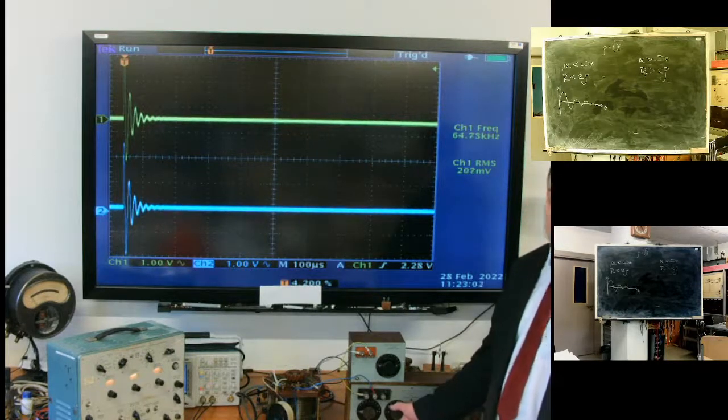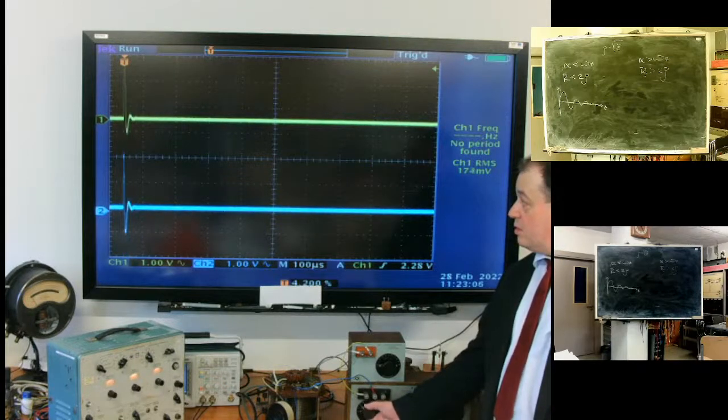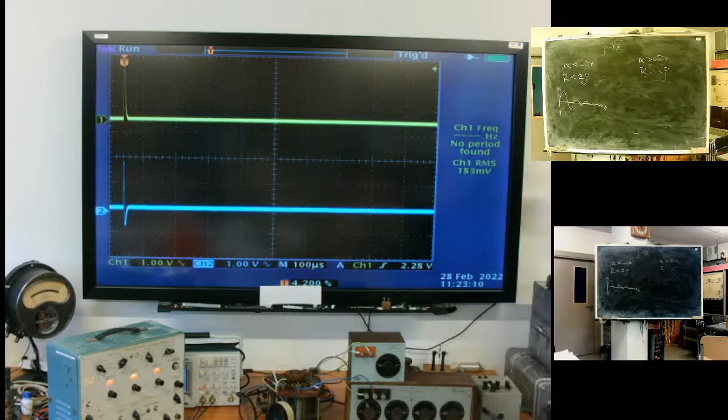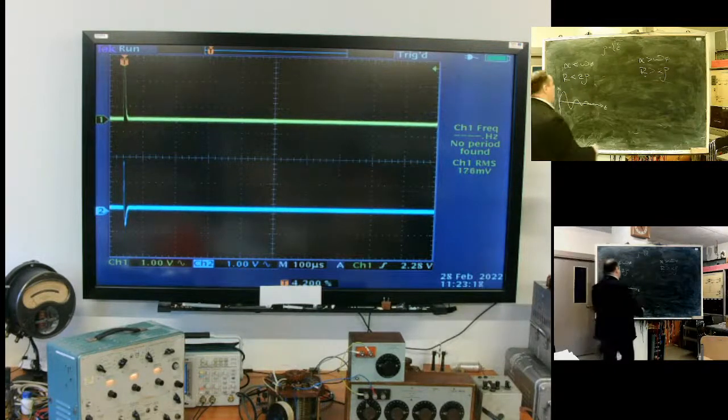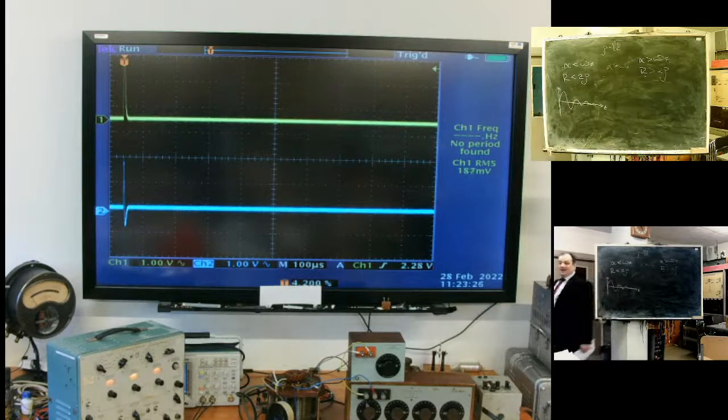I'm increasing resistance and you can see at this moment, in fact, we are at a point where alpha is equal to omega 0. It's the so-called critical resistance.